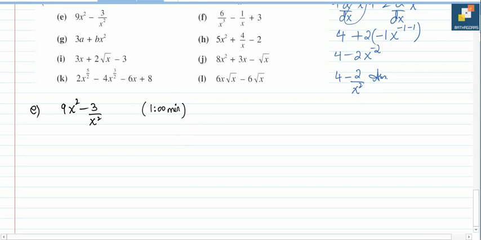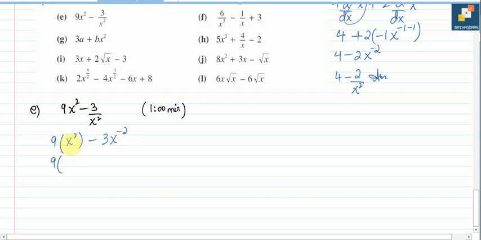Alright, so now the first step, it's 9, and if I'm doing it directly, the derivative of x square, but I'm not doing it directly first, because we need to arrange the equation, and that will be the first step: x power minus 2. Now I can do it directly.